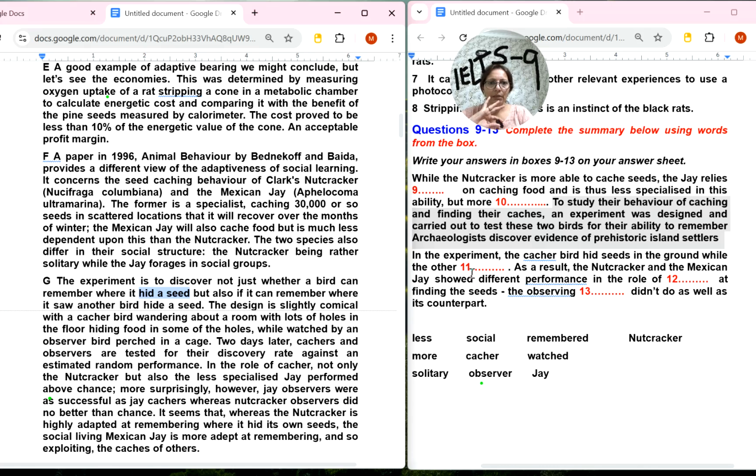While the other, while the other, what is it? The word while is here. So we have to read it thoroughly.